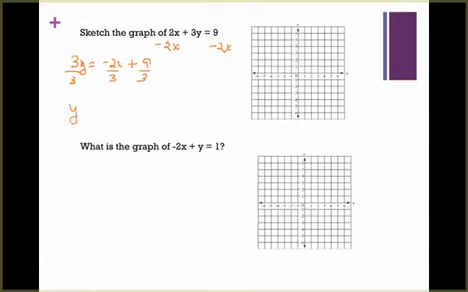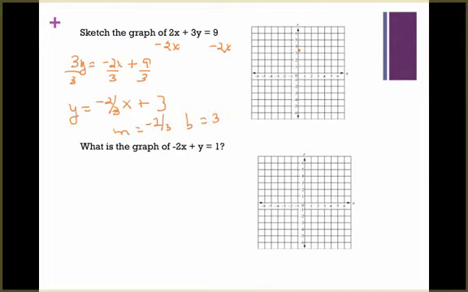And that's going to give me y equals, well, 2 divided by 3 doesn't divide nicely, so we'll just leave it as a fraction. Make it negative 2/3 x plus, and 9 does divide by 3, so 3. And so now I'm ready to graph. My m is negative 2/3 and my b is 3. So we're going to start at 3.